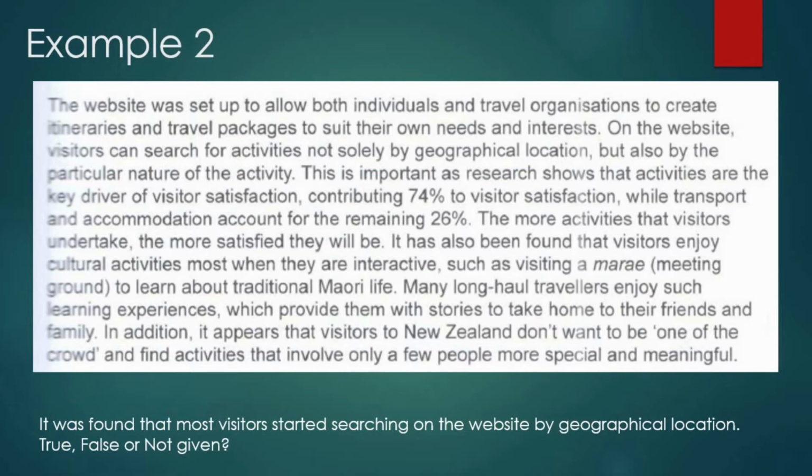I hope you are understanding how to solve such questions. I would again repeat: in the entire passage, there is no information which states that visitors started searching the website on the basis of geographical location. Keep this in mind. Let's see the next example.